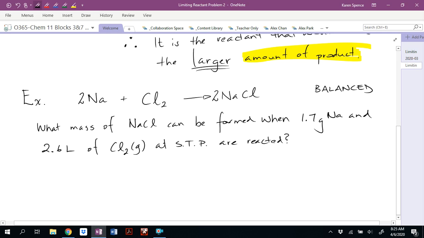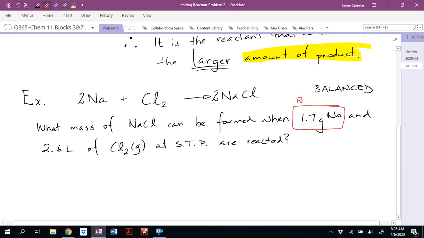So first, how do we know that this is a limiting reactant problem? Because this question doesn't say the word limiting anywhere. It doesn't say the word excess anywhere. You know it is a limiting reactant problem if you are given quantities of two different reactants.